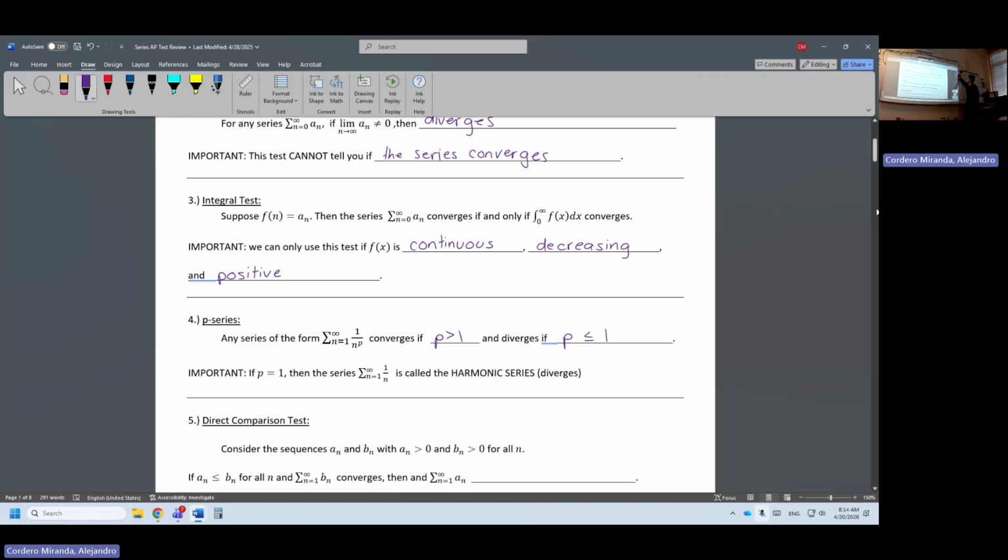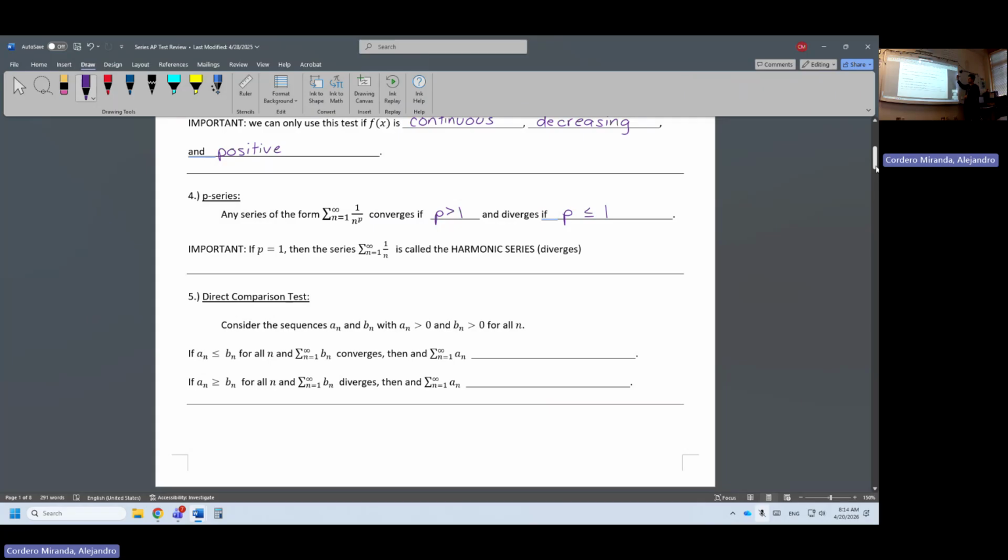Then we learned the direct comparison test, which basically says, if you have two series, and you have a series that you were given, and you know that it's smaller than a convergent series already, then remember the picture I made looks like this. I'm drawing the terms of a series.